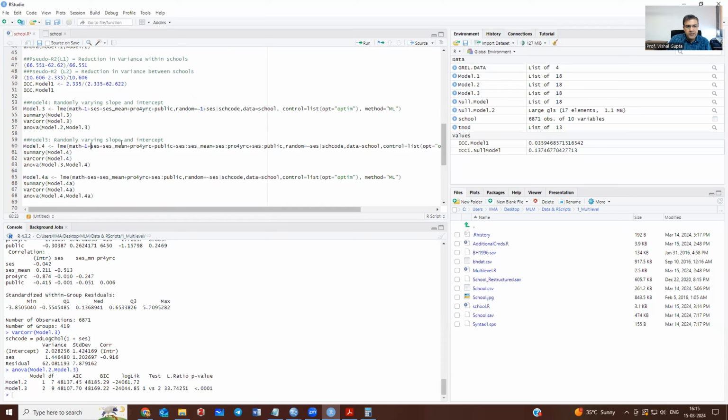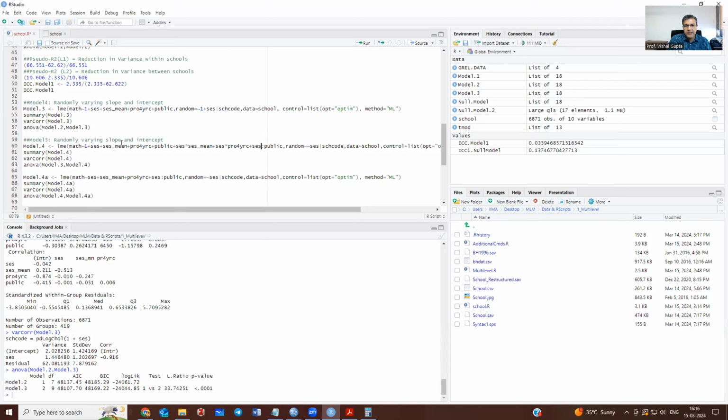So 1 plus SES mean plus 4-year plus public, and you see I have now written SES colon. So you write SES colon or you write SES star, both are the same, doesn't matter. Then SES pro 4-year college, you write colon or you write star, doesn't matter.